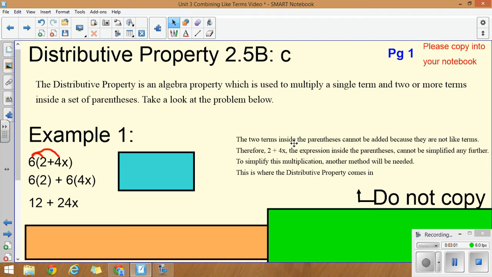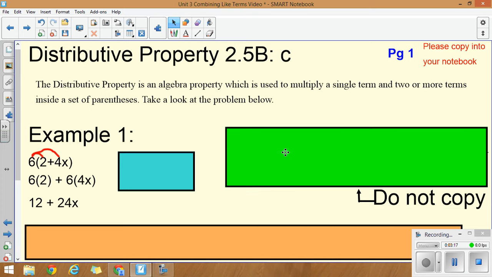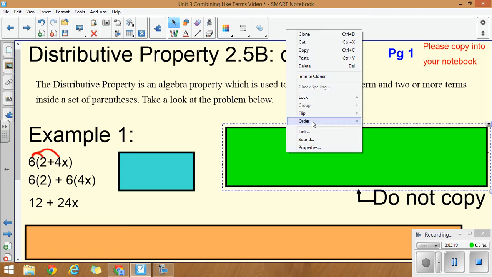Therefore, 2 plus 4x, the expression inside the parentheses, can't be simplified any further. To simplify this multiplication, another method will be needed. This is where the distributive property comes in. Okay, and you should already have that copied on your paper.